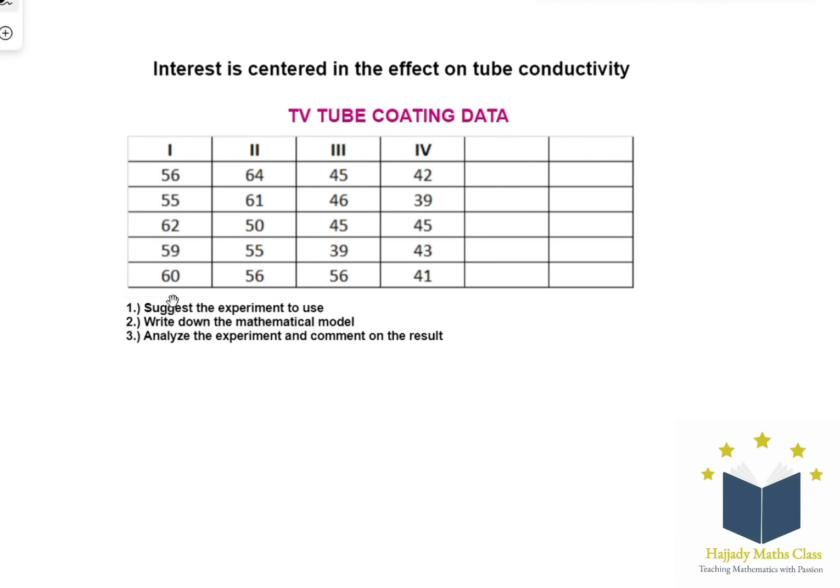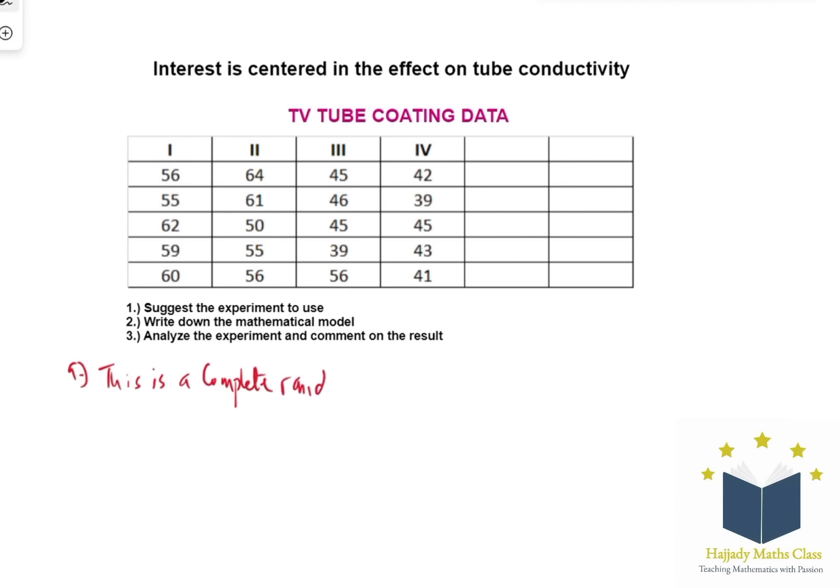Now looking at this, since our interest is in the TV tube coating data, we just want to see if there's a significant difference in the mean of the tube coating data. So for the first question being asked here, we're going to use what is known as a completely randomized design.